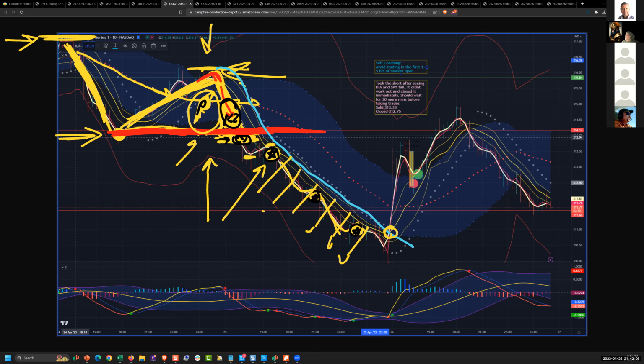And now when the PSAR flips, you want to be on that side of the trade. And then you want to be on this side of the trade.